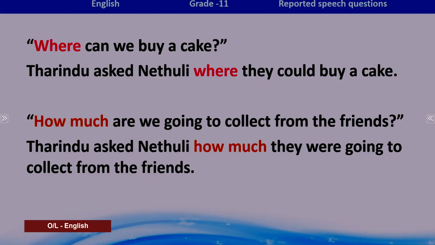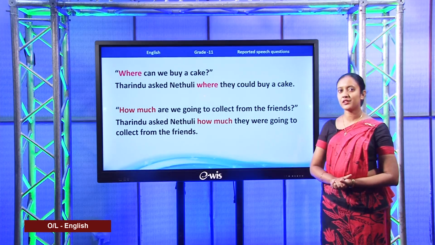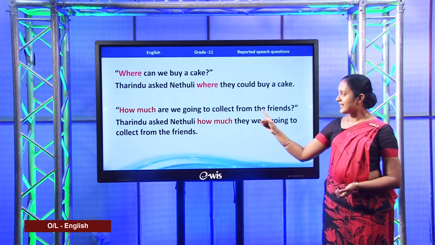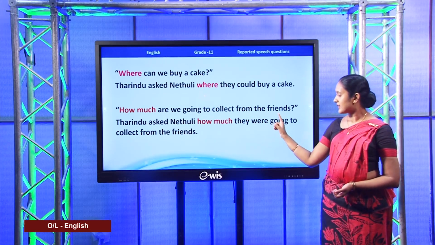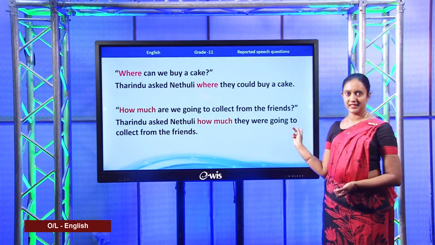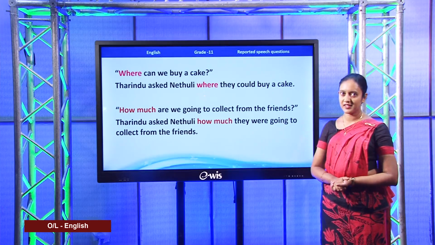Yes, I think you can notice them. The pronoun in the direct question is we, and it has been changed as they in the reported question. And also the verb are going, it is in the present continuous tense in the direct question. It has been changed into were going, which is the past continuous tense in the reported speech.